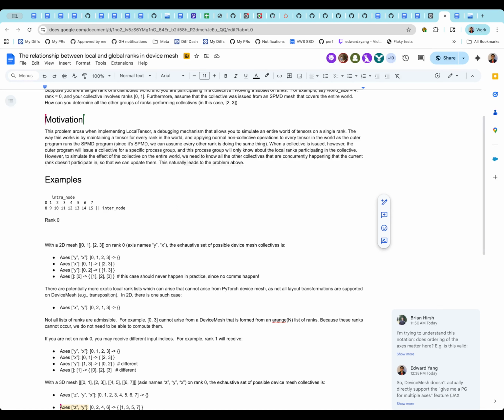There are some exceptions, like when we talk about flattening and multiple meshes, but this is a good first approximation. And each of the PGs is always going to be one-dimensional, right? You're not going to reduce 3-dimensional to two-dimensional, but you're actually doing 3 one-dimensional PGs, right?